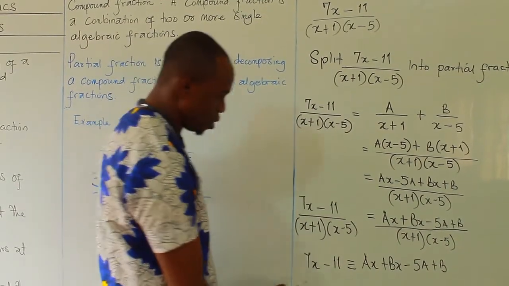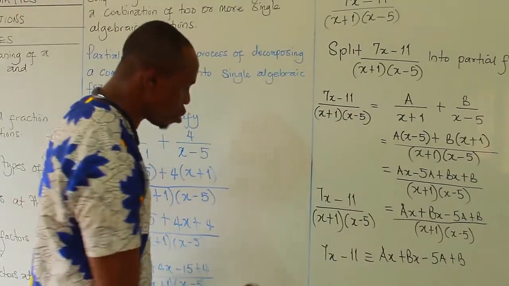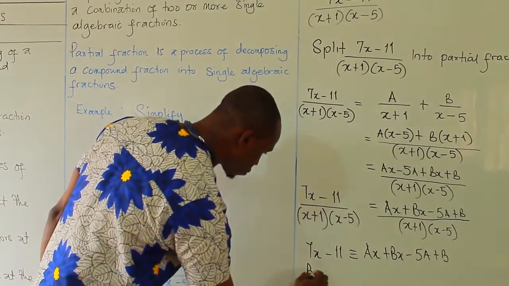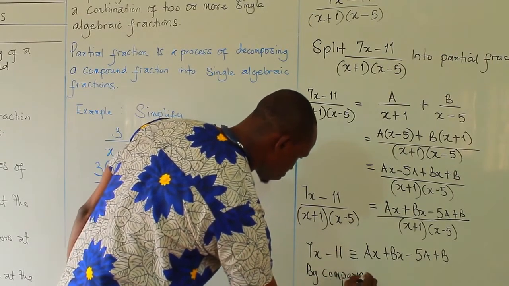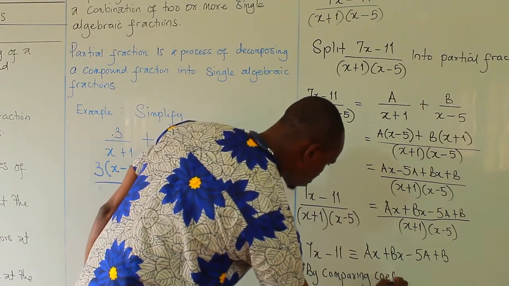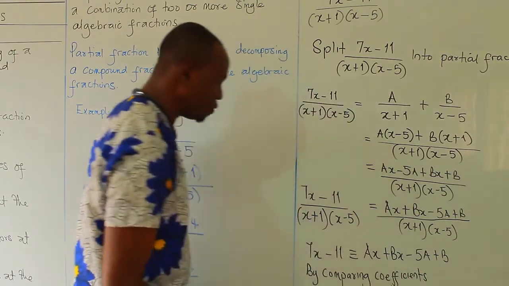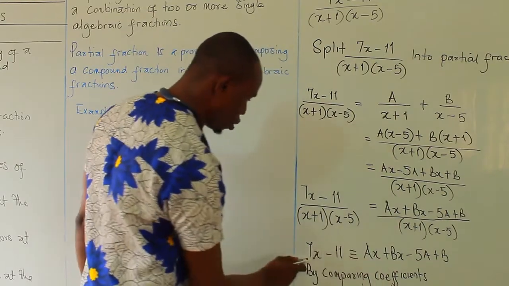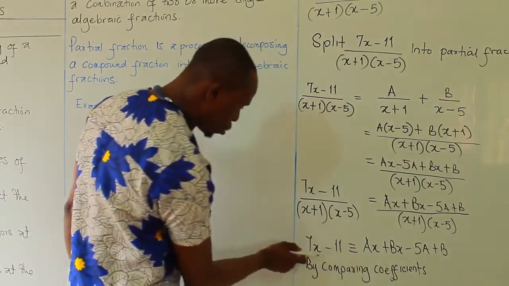Now I have been able to equate this, and by comparing coefficients, it is believed that a plus b is what brought about the 7x. So ax plus bx was what brought the 7x.